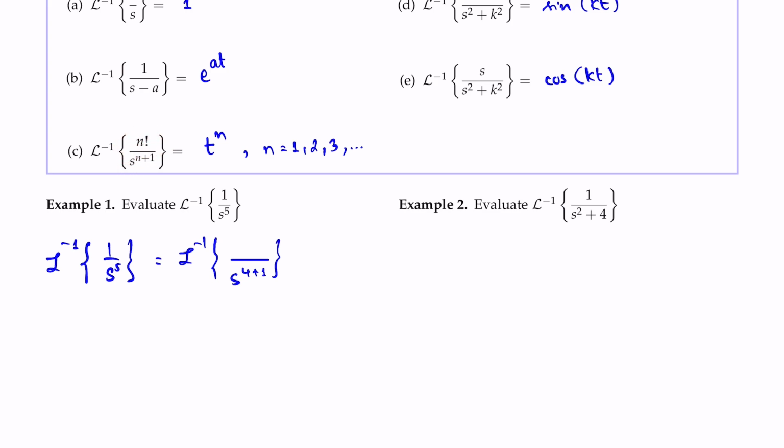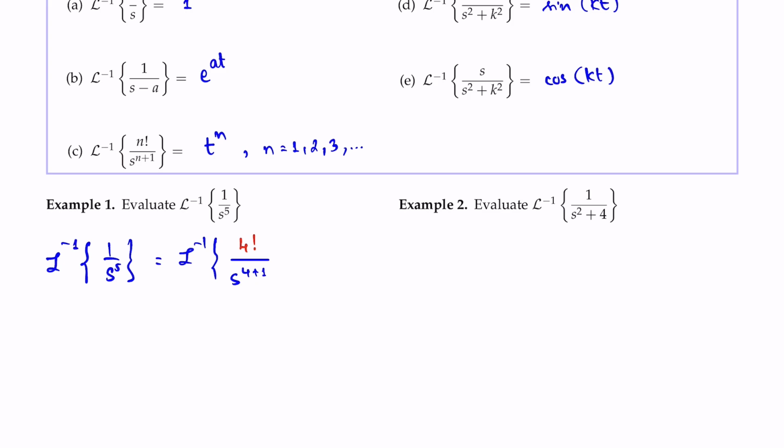So what is missing? You are missing the term on the numerator. It's not 1, it's n factorial, for n equal to 4 in this case. So you're missing the 4 factorial, so I'm going to put in 4 factorial. You don't have it, so you need to divide by 4 factorial at the same time. So you multiply with 1 over 4 factorial. You follow this calculation? Or there's another way to present this problem. You're missing 4 factorial.